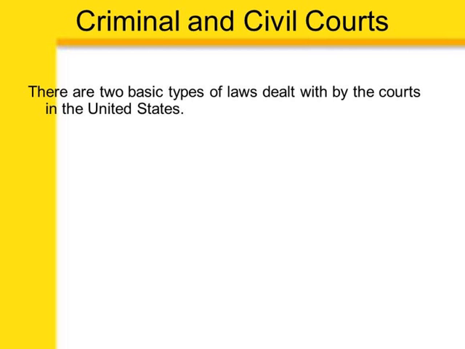The first thing that we need to realize when we talk about the laws in our country is laws are not necessarily written as punitive things. We don't write laws just so that we can punish people for doing things that are wrong. We write laws to regulate the relationships between people.